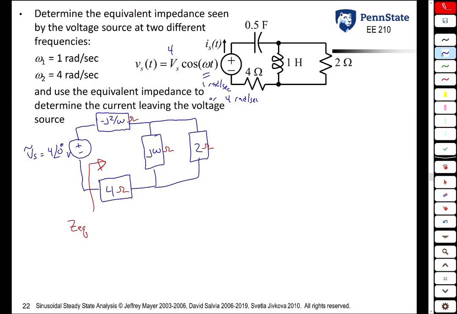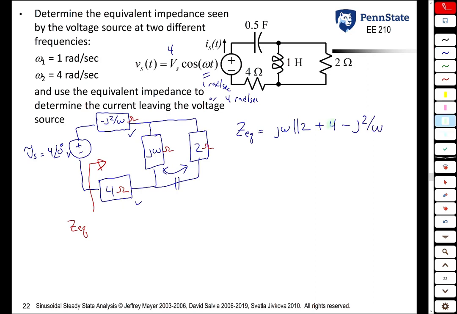What I'm going to do is find a general expression for Z equivalent first, and then we're going to plug in specific values for omega. So Z equivalent, think of these just as resistors. These two are in parallel, and then that parallel combination is in series with this term and this term. So Z equivalent is going to be j omega in parallel with 2, plus 4 minus j2 over omega.